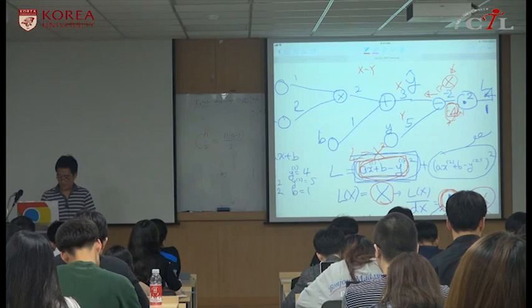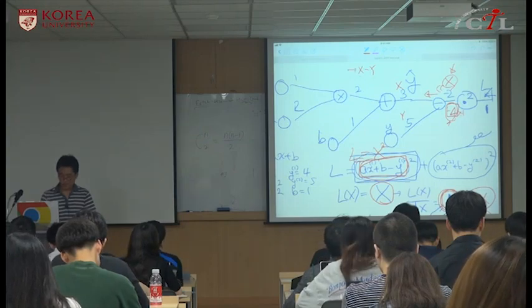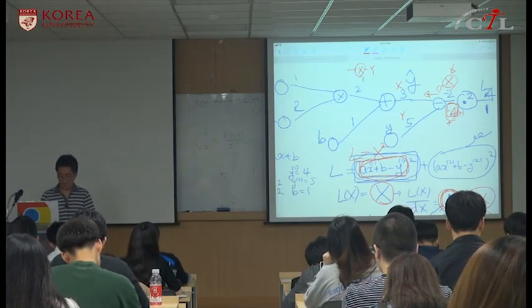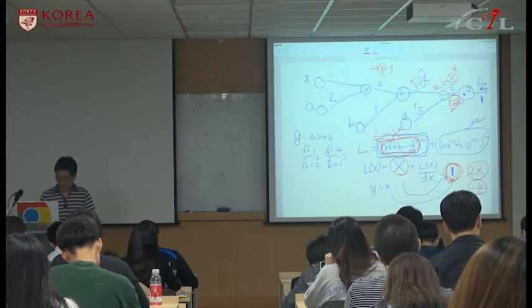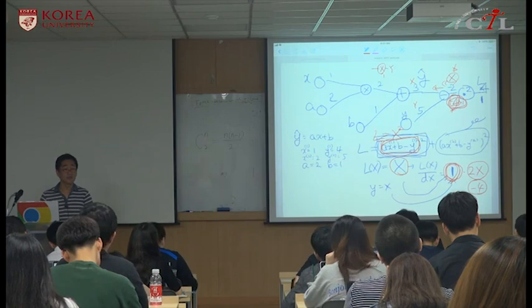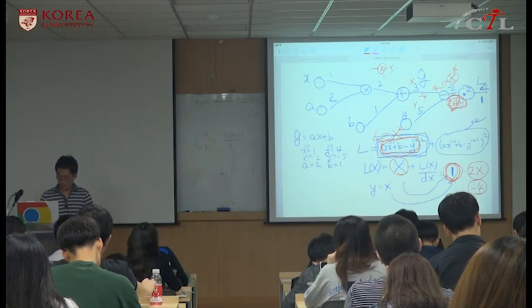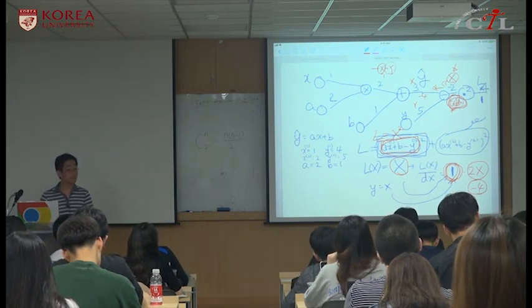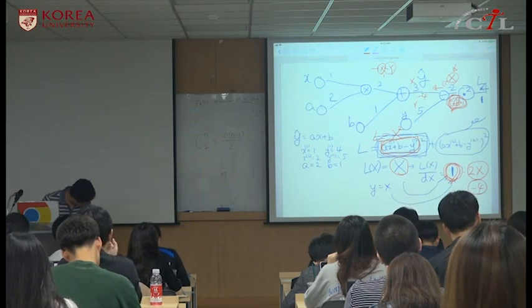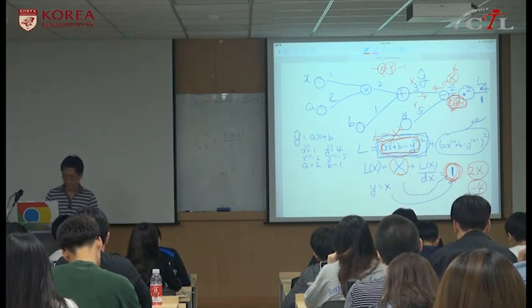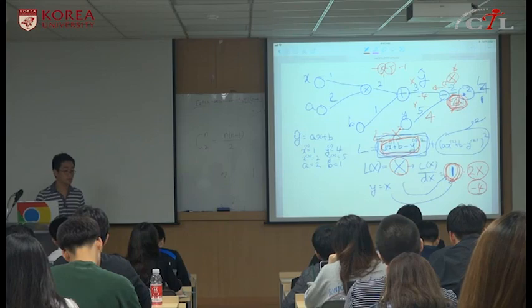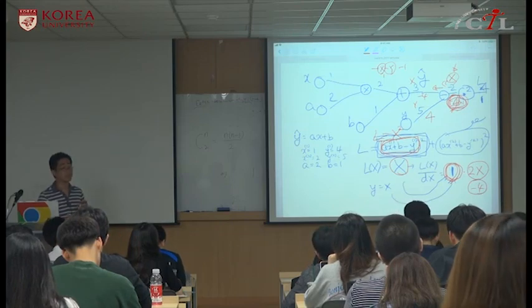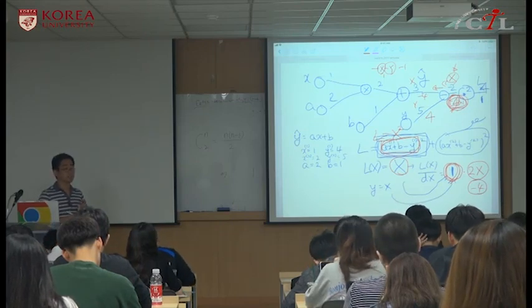If we compute the partial derivative with respect to x, it will be 1, and so 1 is multiplied with this value. And what about this guy? The partial derivative with respect to y will be -1. And so this -4 will be multiplied with 4, right?